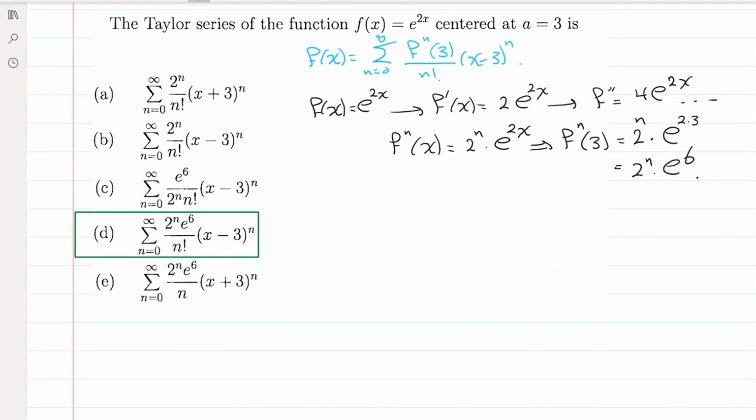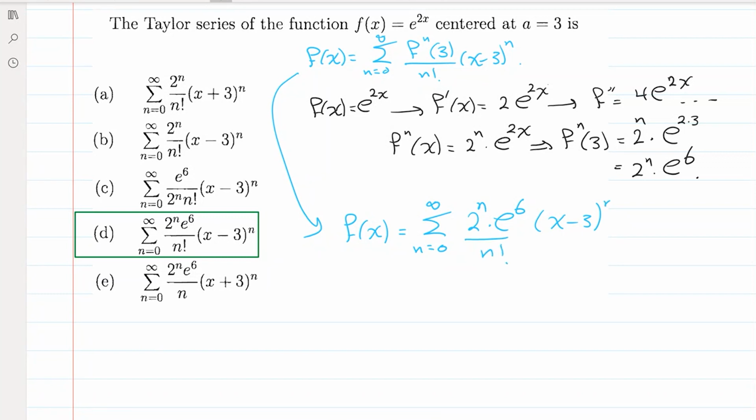Good. Now substitute this in the formula here. You will get that f of x is the summation from n equals 0 to infinity of 2 to the power n e to the power 6 times (x minus 3) to the power n over n factorial. Yes, it's an easy one.